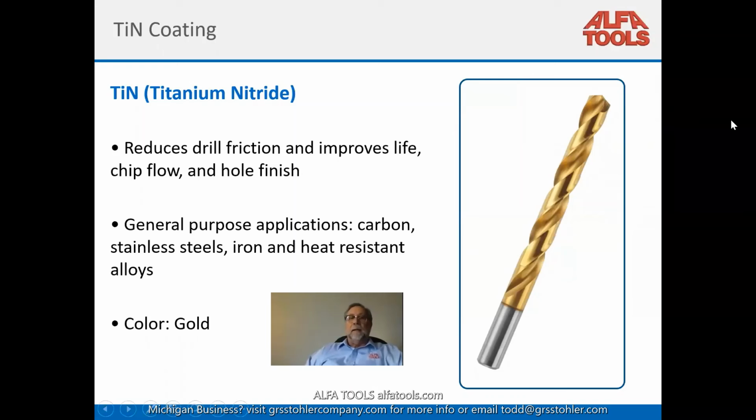So tin, titanium nitride. Seems like everything was based off of titanium. These coatings reduce the friction and improve life, and the chip hole and the finish. Like I said, with tin on the same tool that breaks down at 600 or 700 degrees, this can withstand 1,000 to 1,100 degrees. And what does that mean?